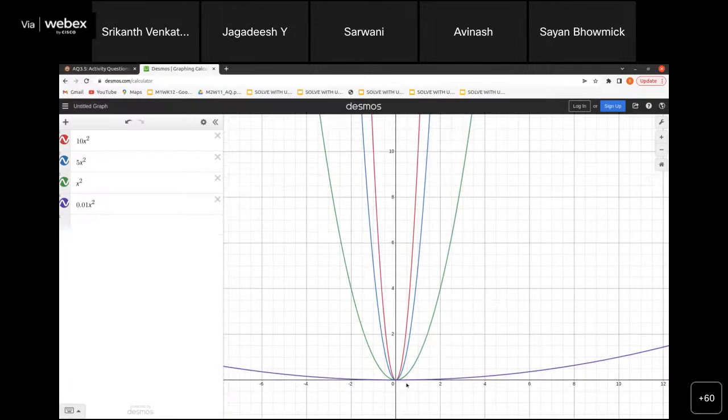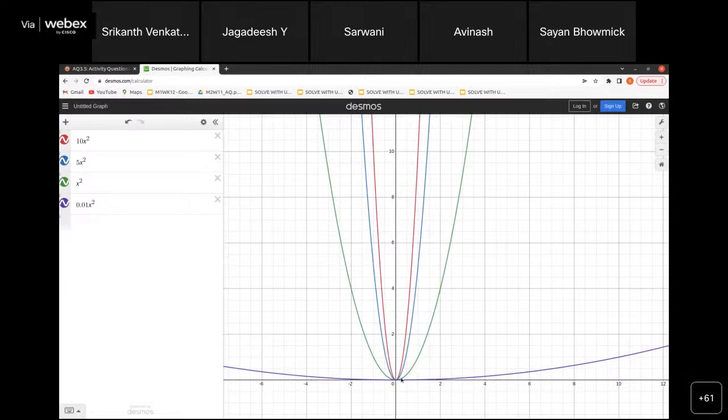From 0 to 2, 2 units change in x, there is not much change in y. But when you see this green graph, from 0 to 2, if I move, my y changes from 0 to 4. So for 2 units change, we have seen a 4 unit change in this green graph.